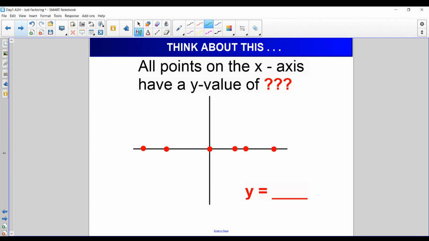We're going to focus today on where we cross the x-axis. All the points on the x-axis have not moved up, have not moved down, so they have a y value of 0. Super, super important to understand and make sure we remember this for everything. Points on the x-axis have a y value of 0.